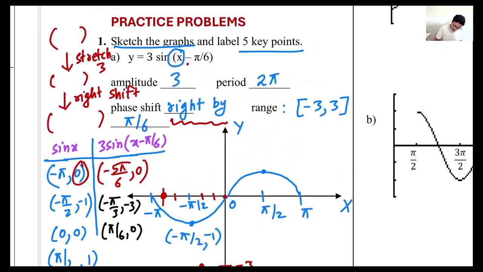And that will be pi over 2, 1, stretched by a factor of 3, and then move pi over 6 to the right. So pi over 2 plus pi over 6. Pi over 2 is 3 pi over 6 plus pi over 6. So 4 pi over 6, which is 2 pi over 3.